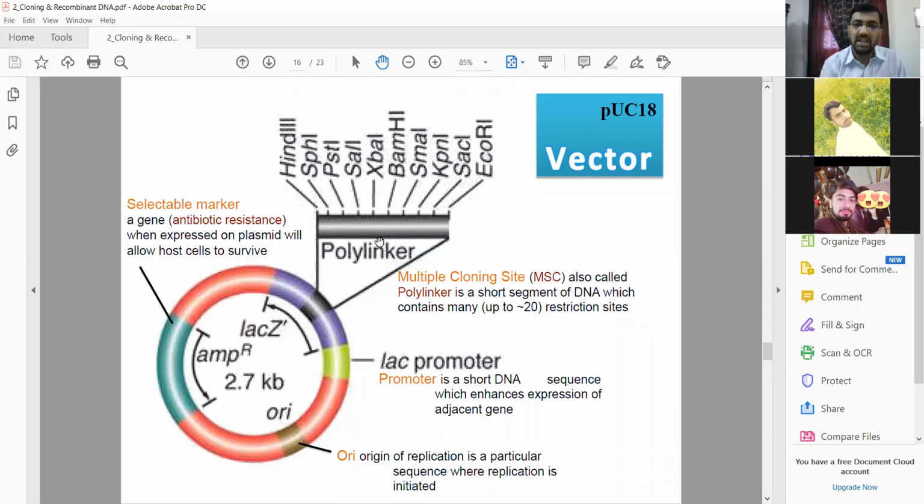This multiple cloning site is also called a polylinker and contains sequences for multiple restriction sites. So basically, this ampicillin resistance is a selectable marker when expressed on a plasmid, which allows host cells to survive in ampicillin medium.